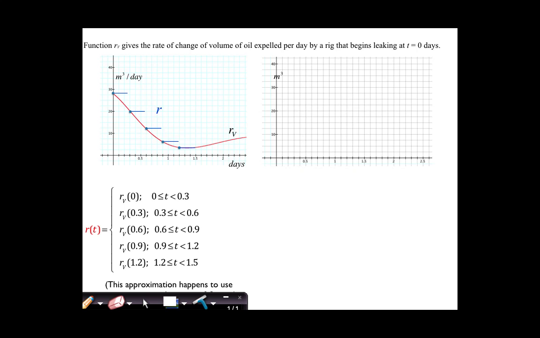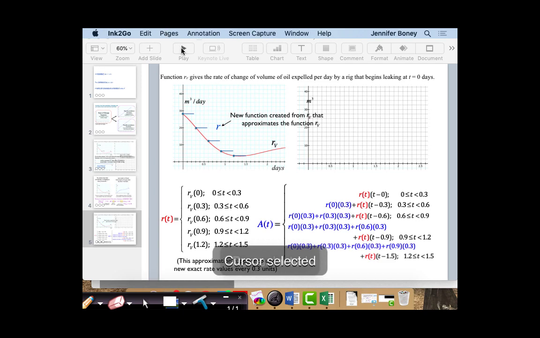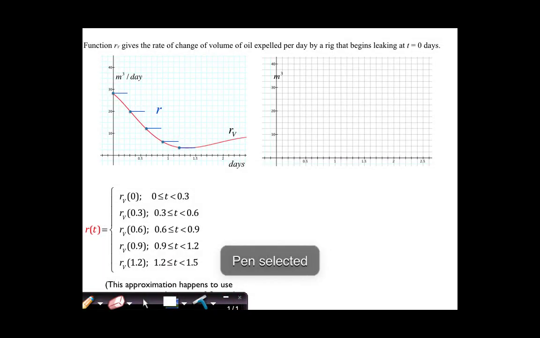So starting at time 0 through time 0.3, there's one symbol that doesn't have any variables in it, just a function name where that function is evaluated at 0. So thinking about what this means, this is referring to the value at that spot right there, which we said looks like about 28.